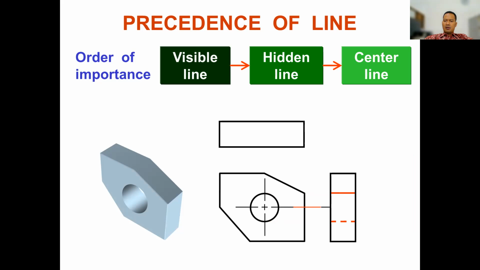And also for the center of a circle, or the center of a hole in here, we have another hidden line. For the top view, we have hidden line, center line, and visible line in the same position.